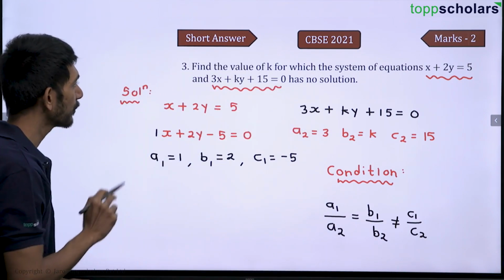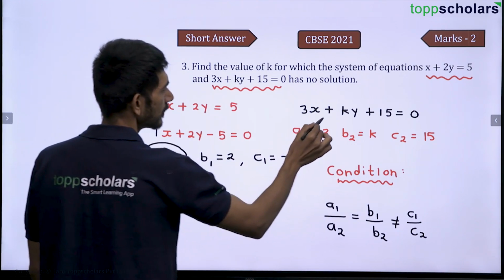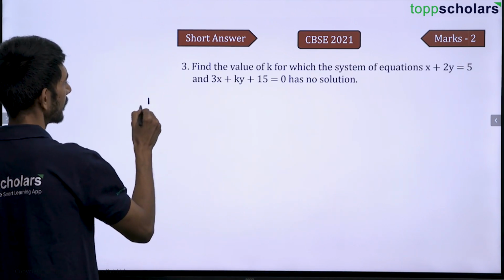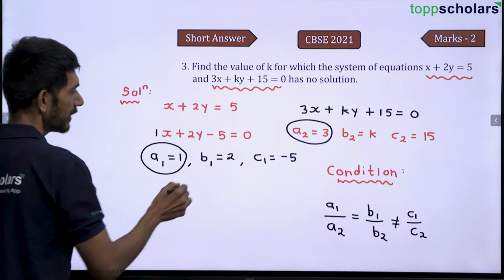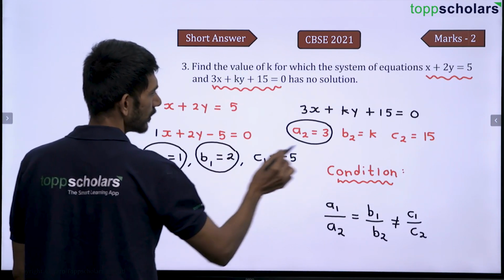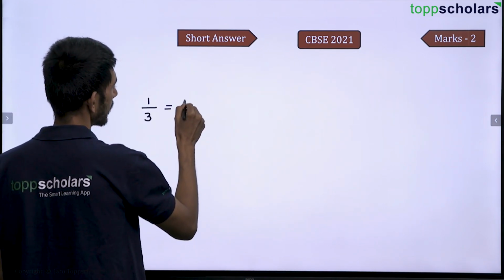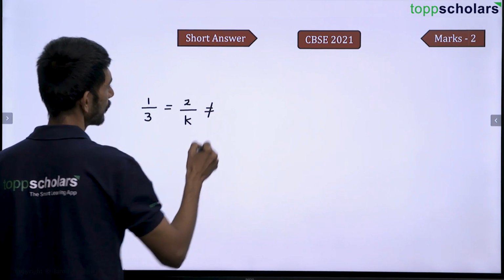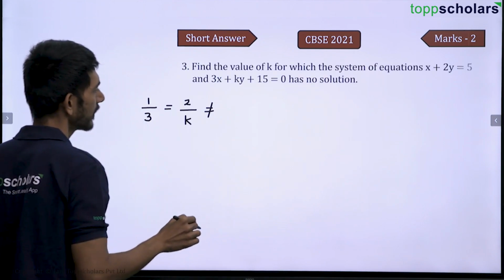Okay, let us put that. So a1 by a2, that is 1 by 3, is equal to b1 by b2, that is 2 by k, is not equal to c1 by c2, that is minus 5 by 15.